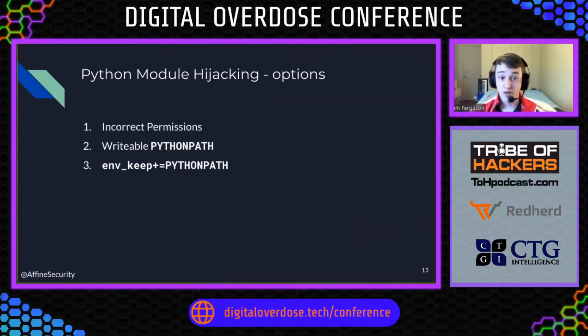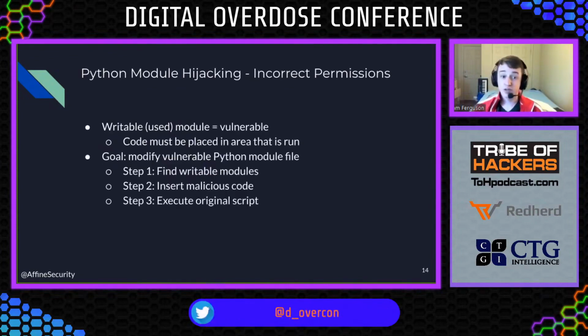So Python module hijacking. There are three main options for module hijacking, which are incorrect permissions, writable Python path, and env_keep+=PYTHONPATH. So let's look at all three of these. Incorrect permissions basically means if there's a writable module that a script is using, it's vulnerable.